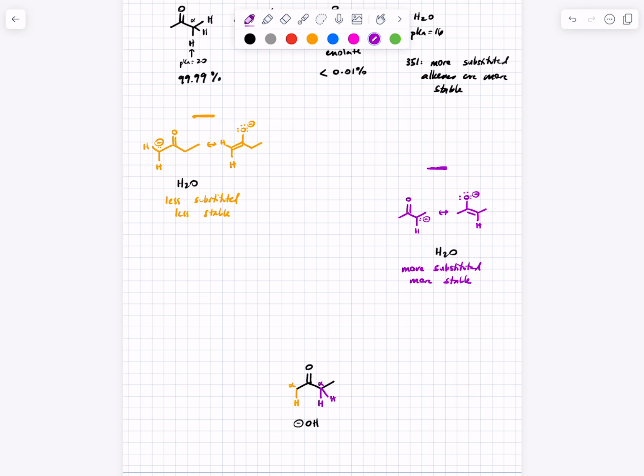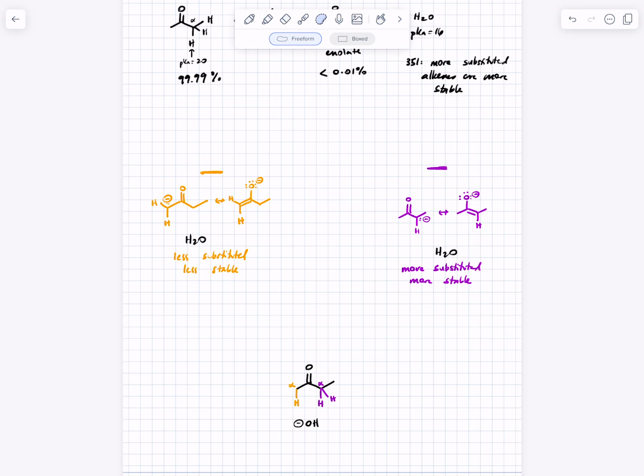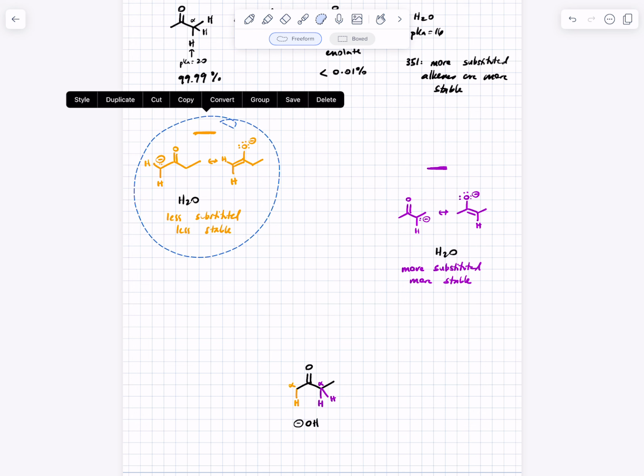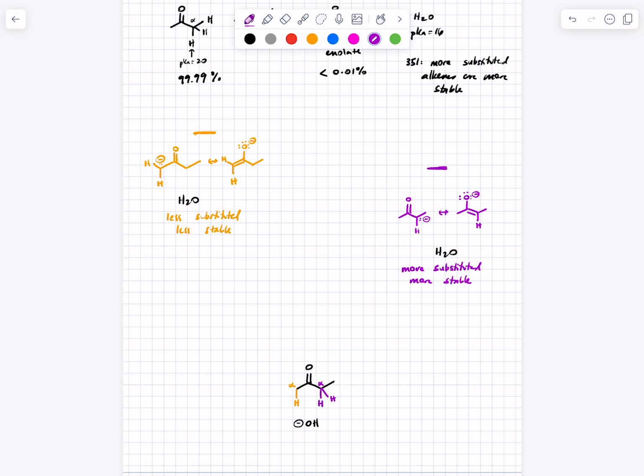We'll put the energy level of the purple enolate there. I don't actually know what the actual numbers are, so we're just being qualitative in this. But what we mean is that this starting material has to go uphill less to get to the purple enolate than it has to go uphill to get to the orange enolate.